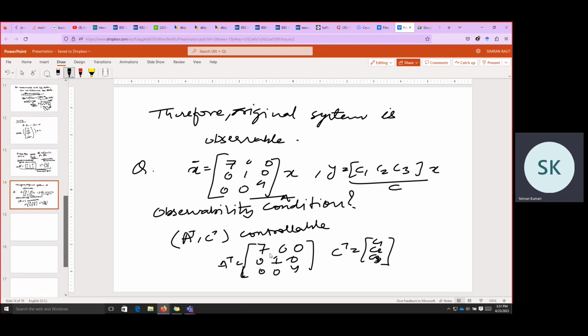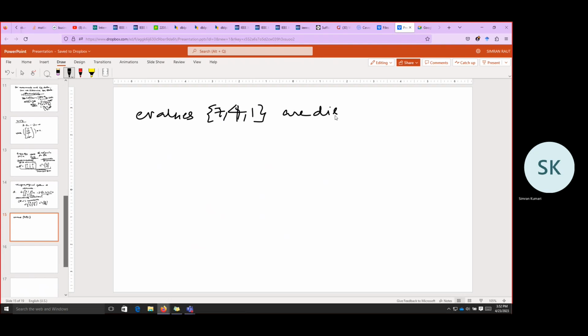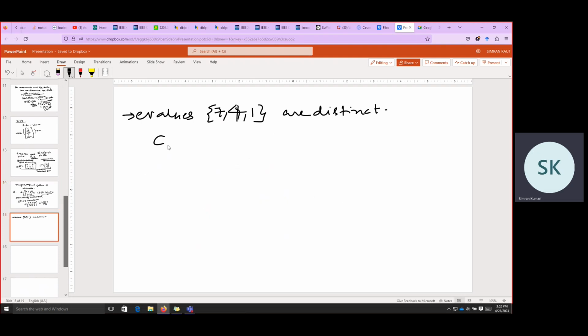Here all the eigenvalues 7, 4, 1 are distinct, and C1, C2, C3 should be non-zero.